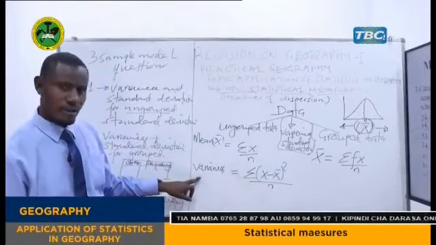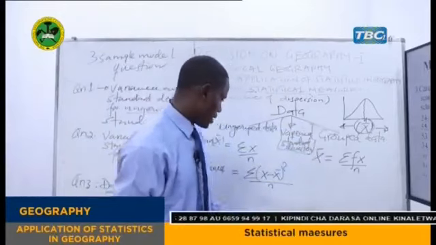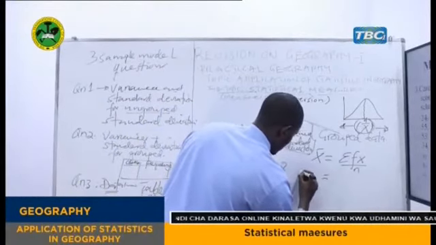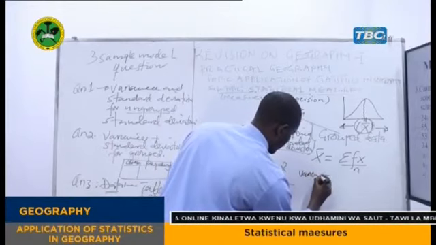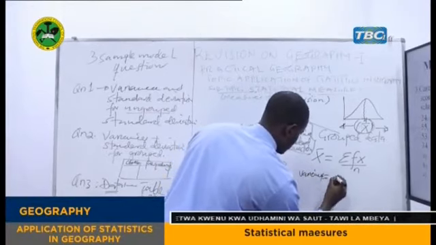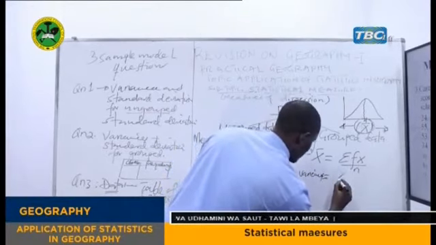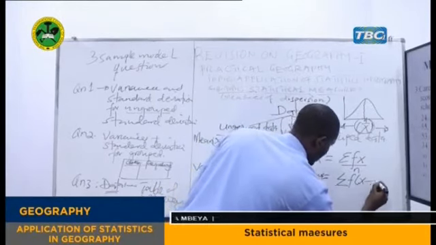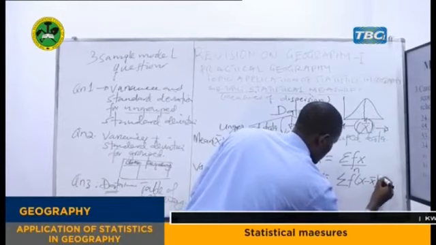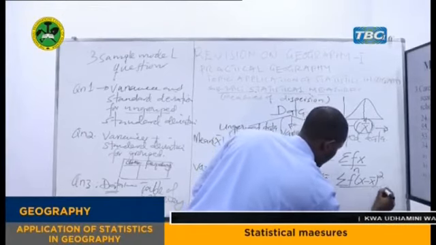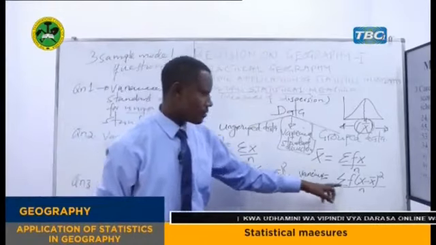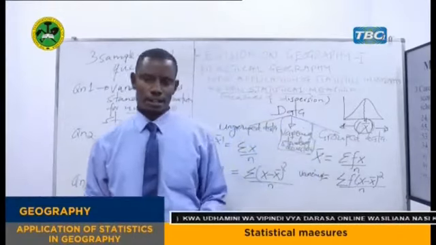But the variance for grouped data is equal to the summation of f(x minus x bar) squared, then you divide by n. Then you get the variance for grouped data.